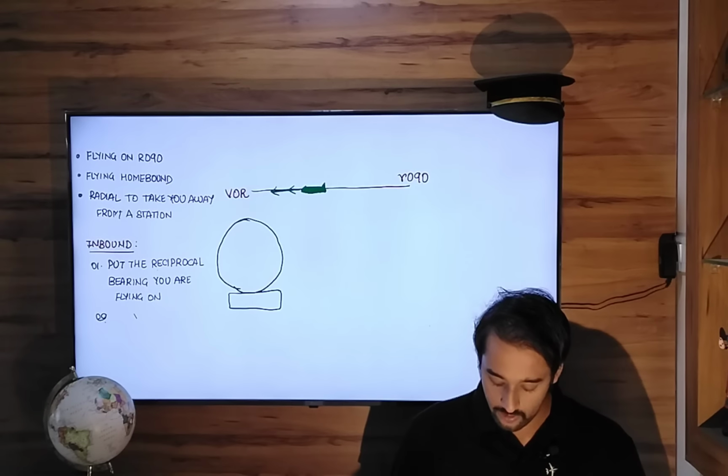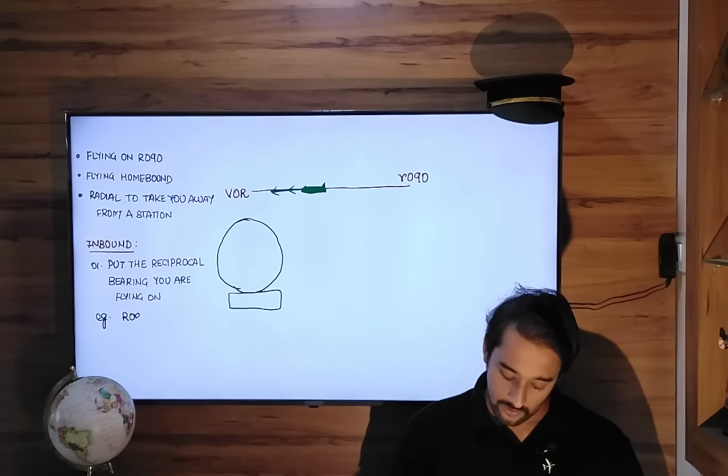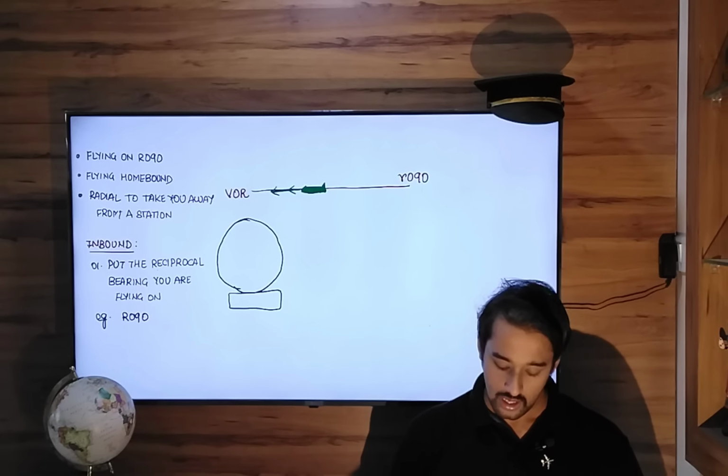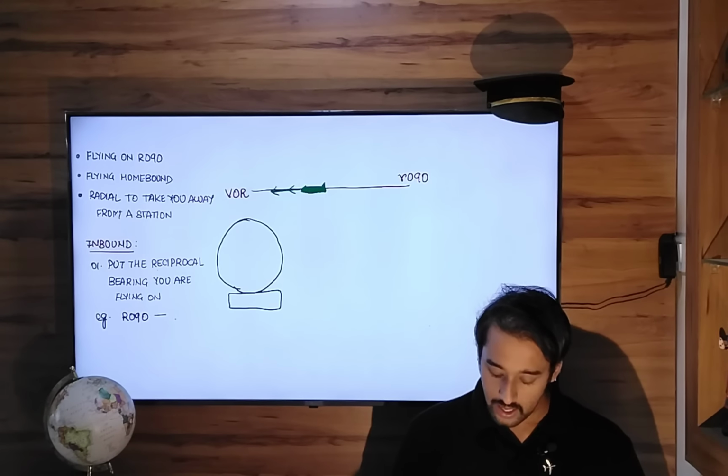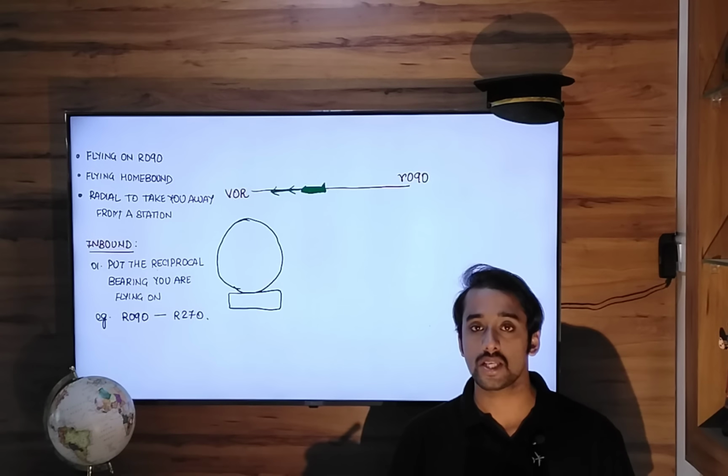In this case, you are flying on radial 090. The reciprocal is radial 270.